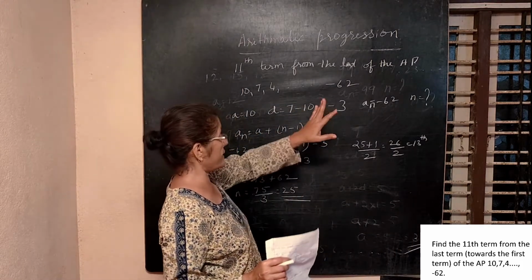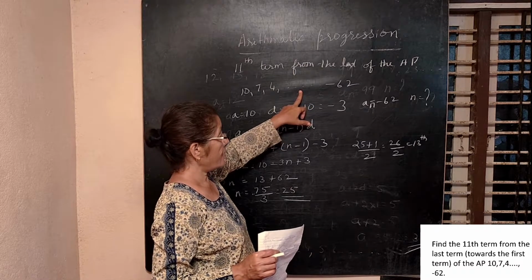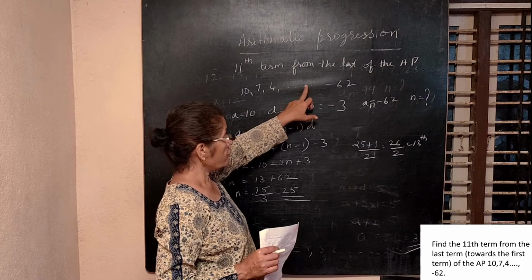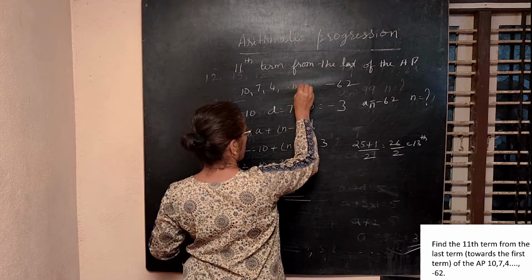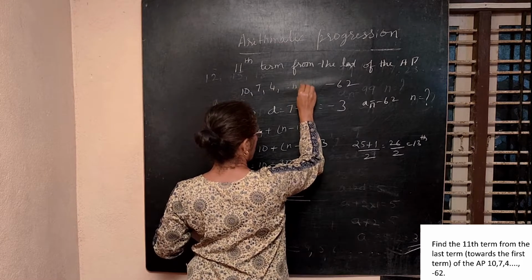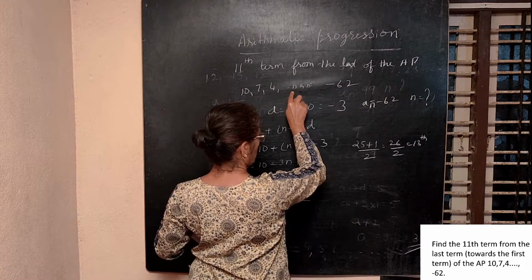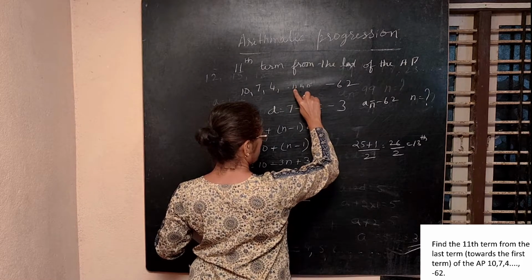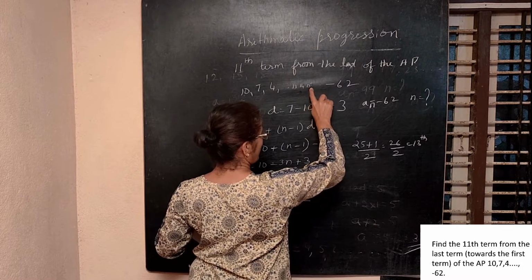In this one, 13th term is the middle term. 14th, 15th. When I come like this also, this is the 13th term. Like this if I come, this is the 12th term, this is the 11th term.